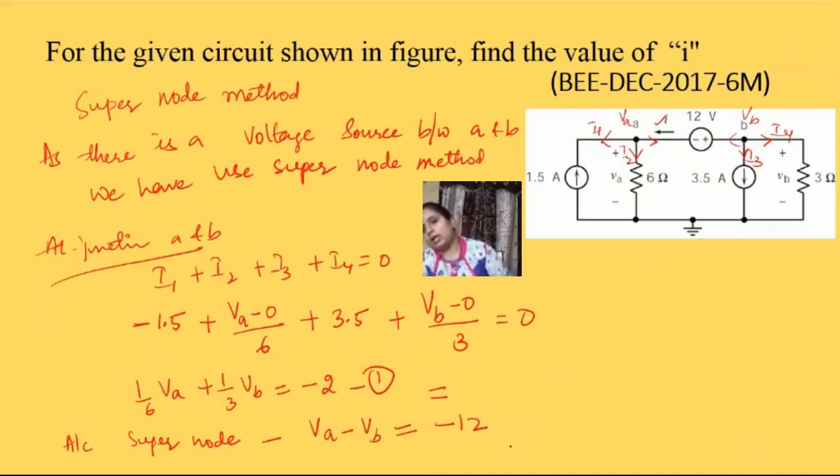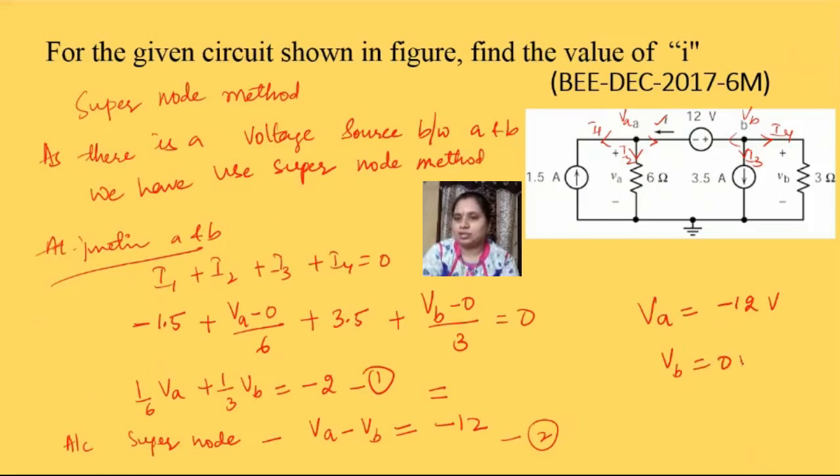So this is our second equation. Solving equations 1 and 2, we get VA as minus 12 volts and VB as 0 volts.